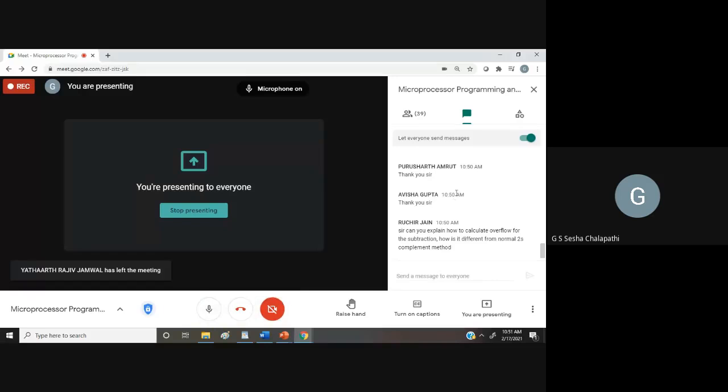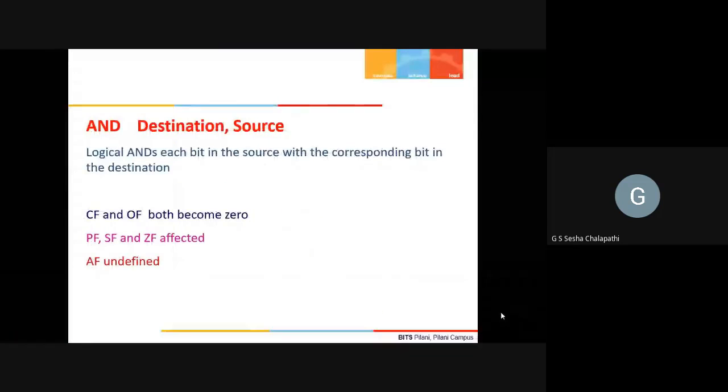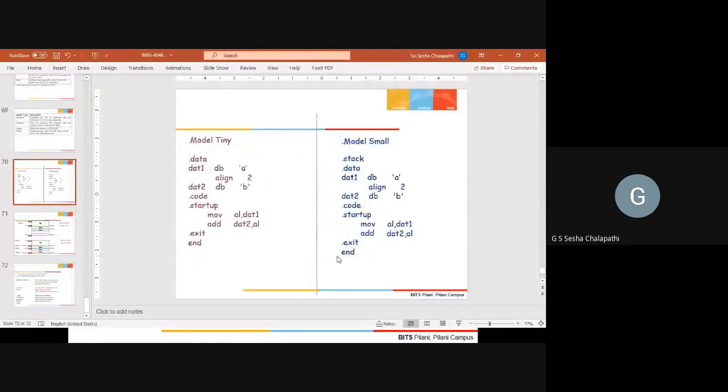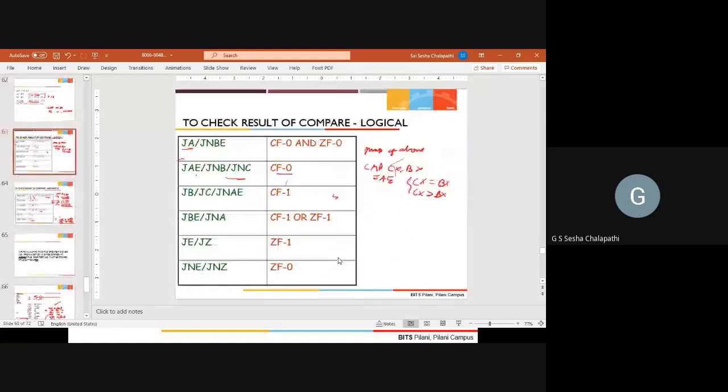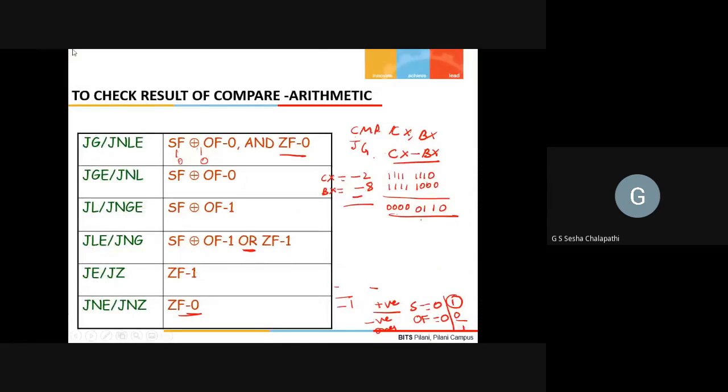Okay, so the point was, let me go to that particular slide. If you do this, overflow will be the same. Suppose I'm subtracting minus 8 from minus 2.